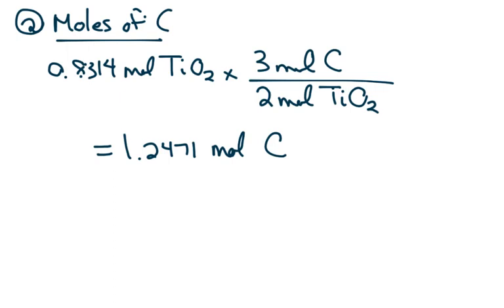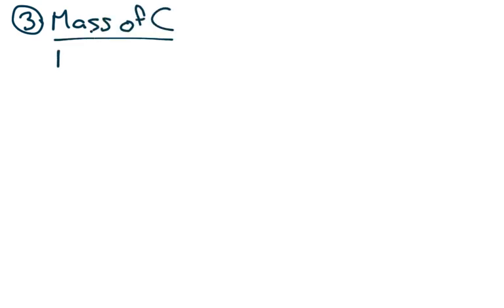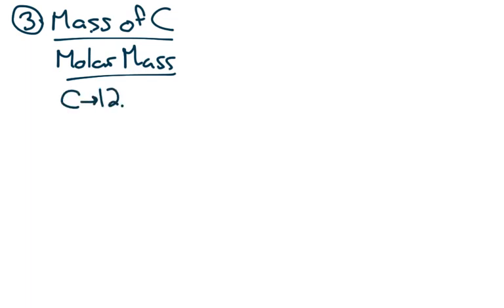And again, now that we know the moles of carbon, we can find the mass of that. To do that, we need the molar mass. And luckily, carbon is just a single element, which has a mass of 12.011 grams per mole. We know the molar mass now.